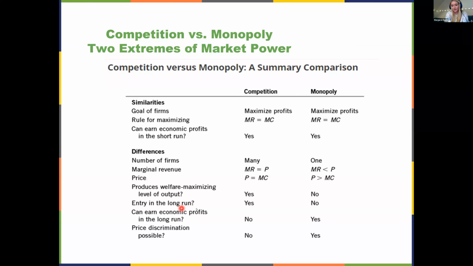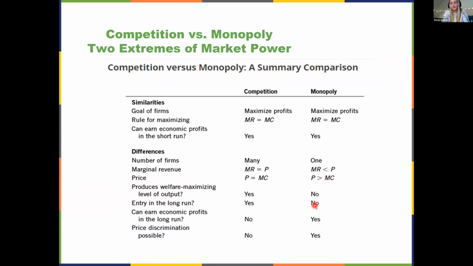This one also seems kind of straightforward. In perfectly competitive situations, firms are free to enter the market and start producing both in the short term and in the long term. So there's this kind of endless cycle of firms entering a perfectly competitive market and then maybe exiting or shutting down in the long run.